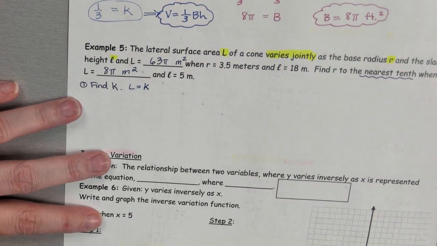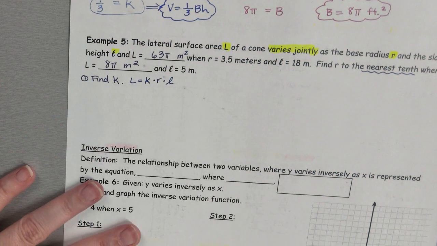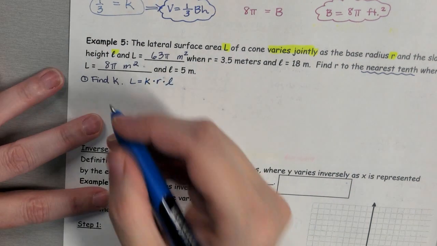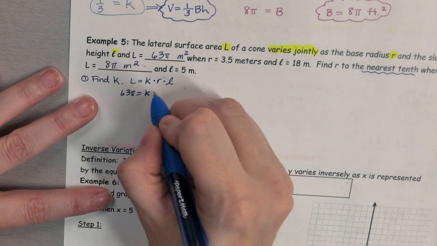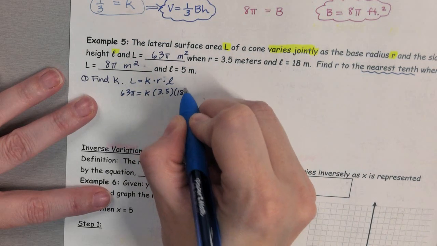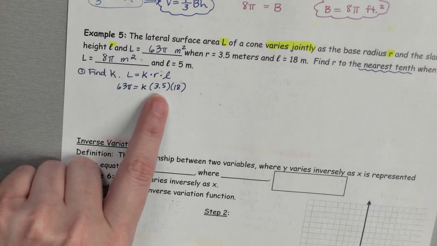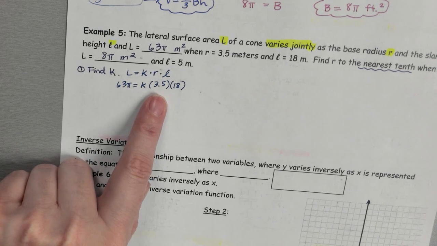So L equals K times r times l. Okay, and in this case, the L is 63 pi, you're solving for K, your r is 3.5, and then this is 18. Alright, so when you're multiplying these two together, you could set this up as your long multiplication.